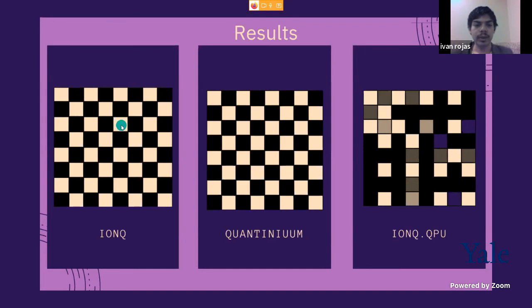We then moved on to Quantinuum, which is a little less lossless, and similarly, we were provided with another such image.